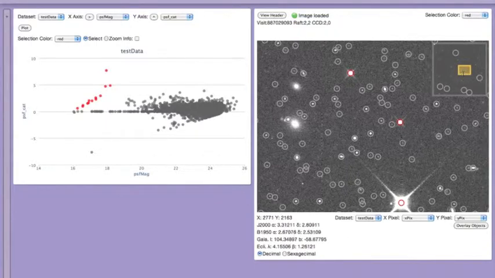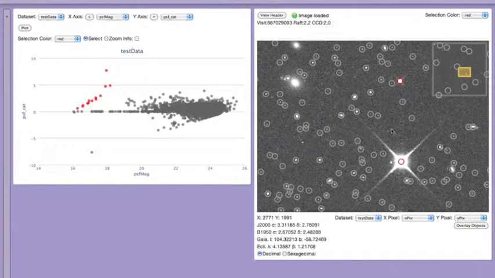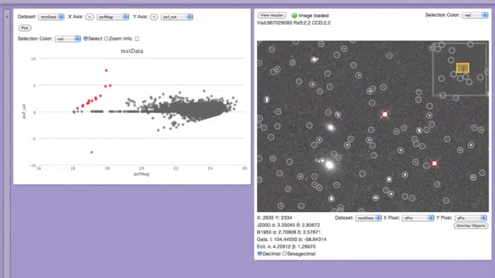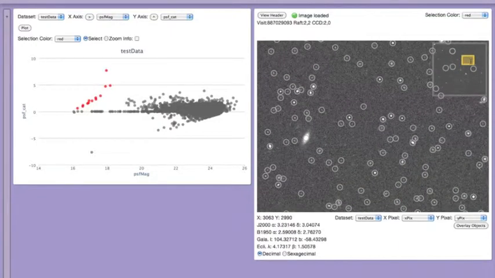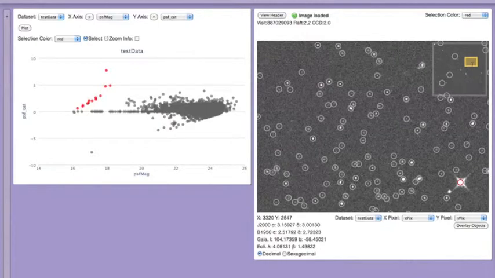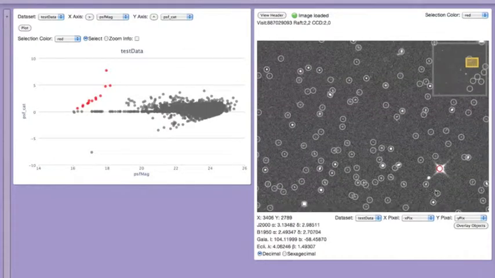And what at least the first look appears to be is that these are in fact saturated stars that have not had all their flux counted because of the fact that they saturate the CCD. There were a couple of examples. Yes, here we see another that is also saturated. There's also another cloud of outliers over in this region that maybe we can look at in blue.